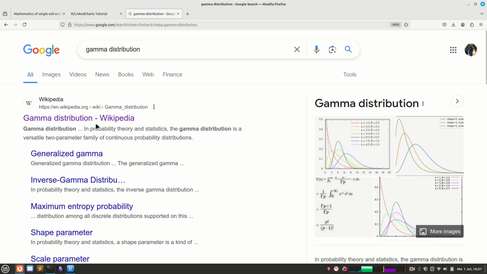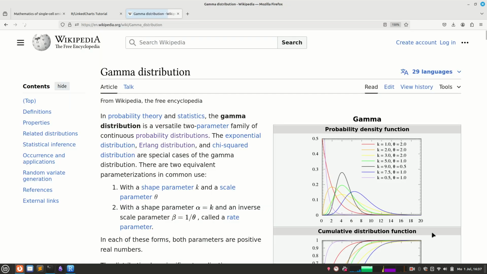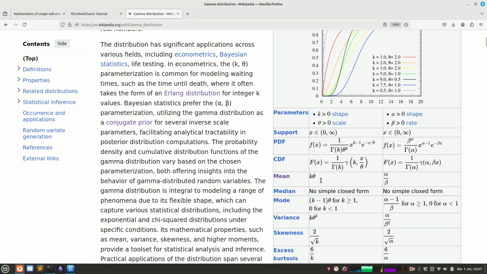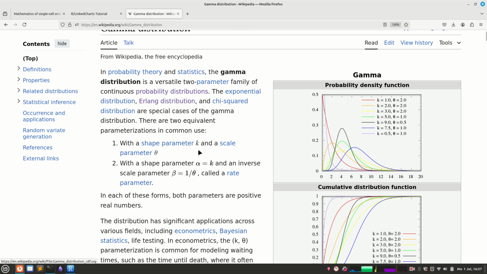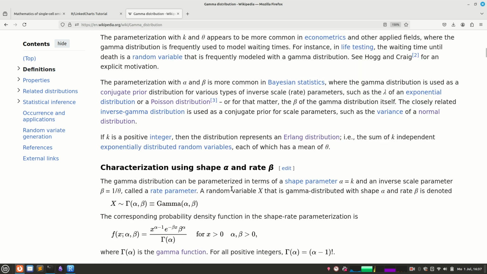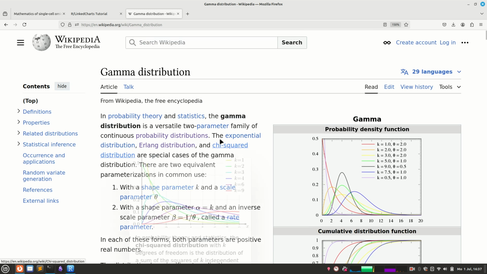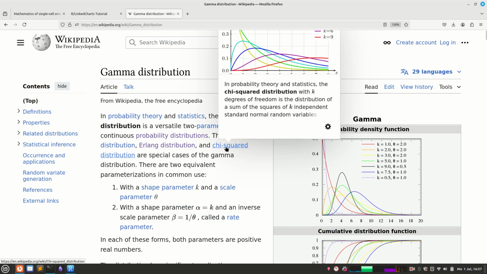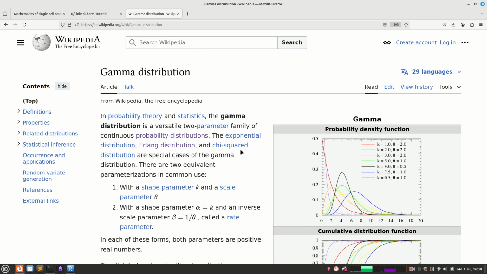The gamma distribution is this distribution here, which is named simply for the fact that the gamma function appears in this normalization. And it turns up in all kinds of statistics. The most important way it naturally occurs is from the chi-square distribution, the distribution of the sum of squared normally distributed values.